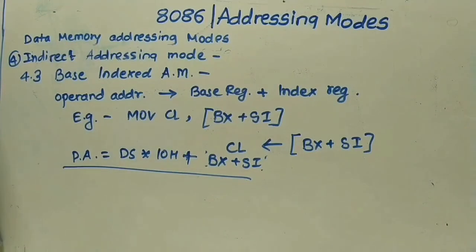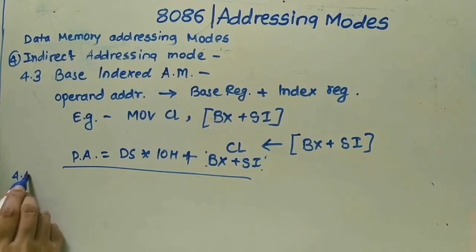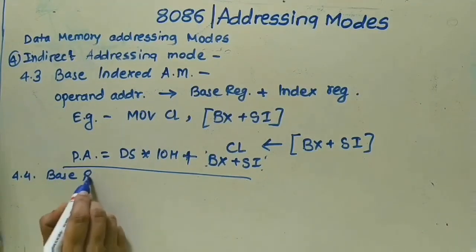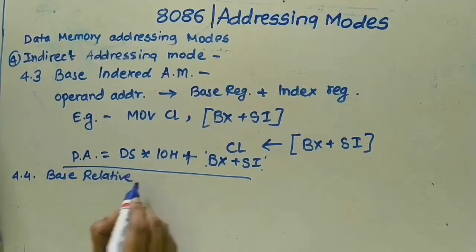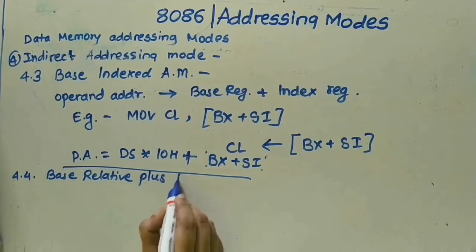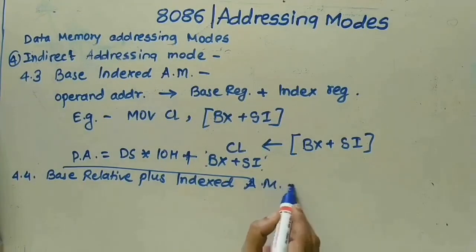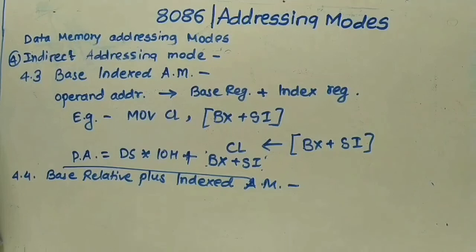One more type is there, that is based relative plus indexed addressing mode. So what is this based relative plus indexed addressing mode?